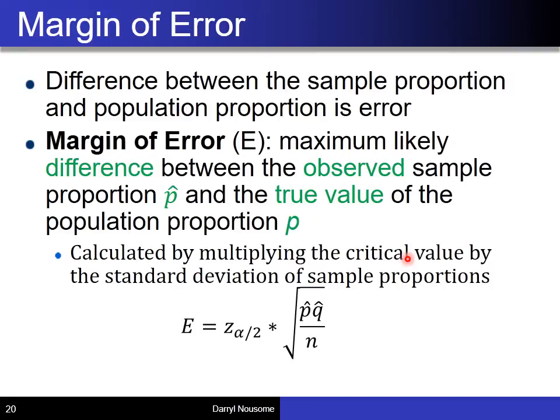So a couple more concepts before we start calculating confidence intervals and testing is the margin of error, right? This is the difference between the sample proportion and the population proportion.